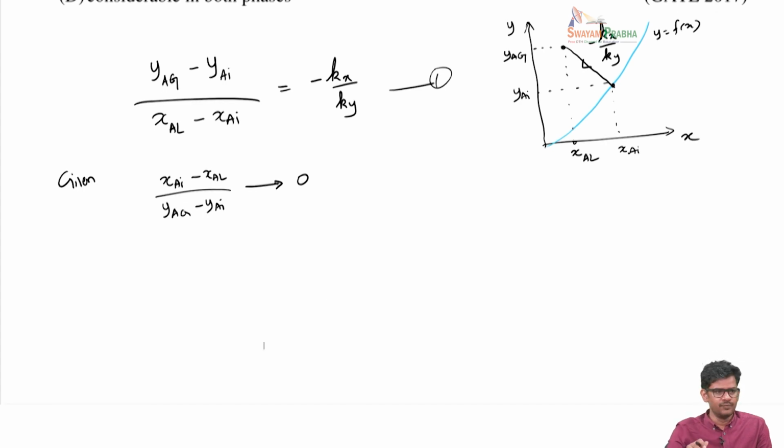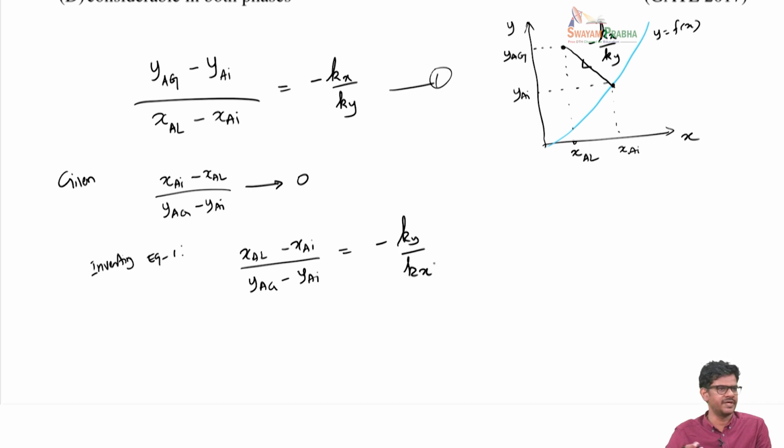First of all, we will invert it. So inverting equation 1, you will get XAL minus XAI over YAG minus YAI. When I invert it, I get minus ky by kx. I just inverted it.